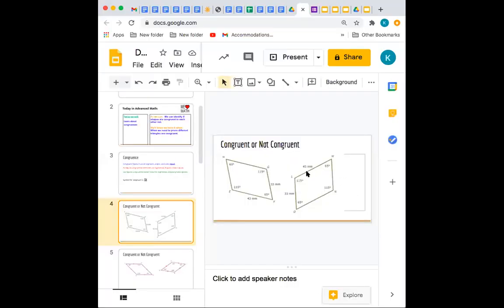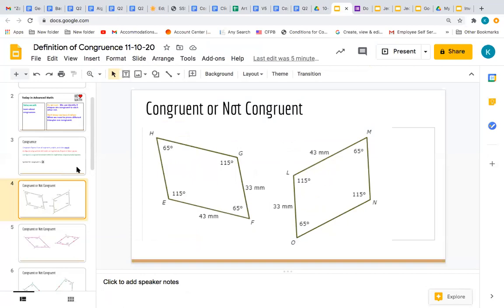Let's do the other one. We found out these two are congruent, and now let's see if this next one is congruent.